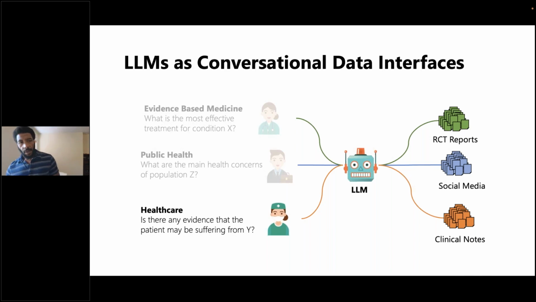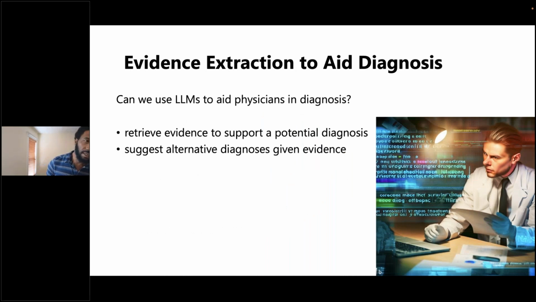And so finally, I'd like to talk about this final application, which is to help experts in making diagnosis. Here, what we see as a use case is a physician at point of care, maybe looking at a patient, or maybe looking at some exams or diagnostics, and may have a potential diagnosis in mind.